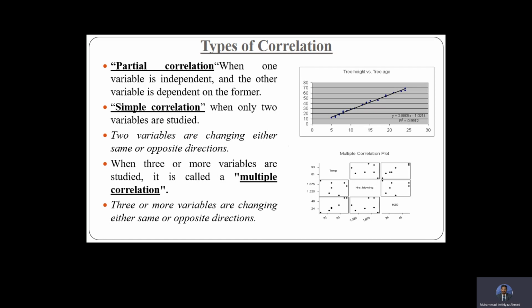Positive means increase of one variable leads to increase of another. Okay, what is negative? Decrease, that's all. Simple, if you keep this in mind, nothing here. Increase of one leads to decrease of another.